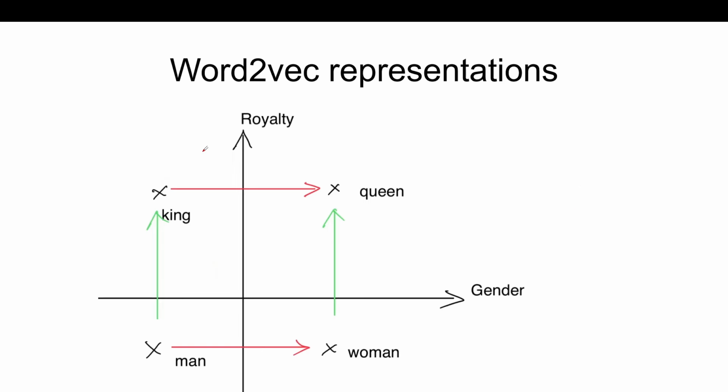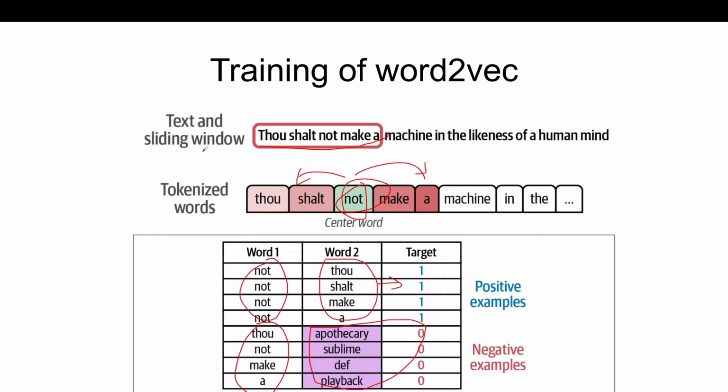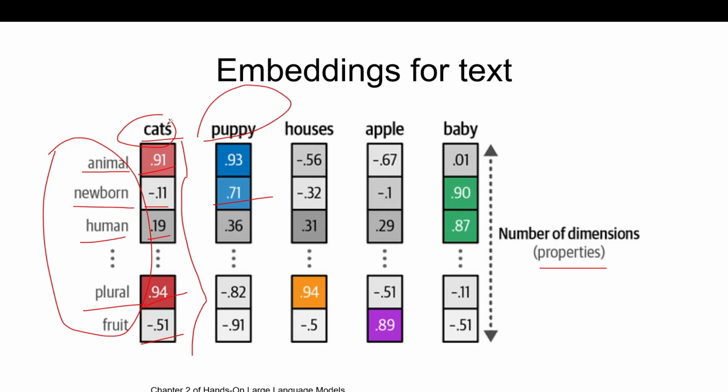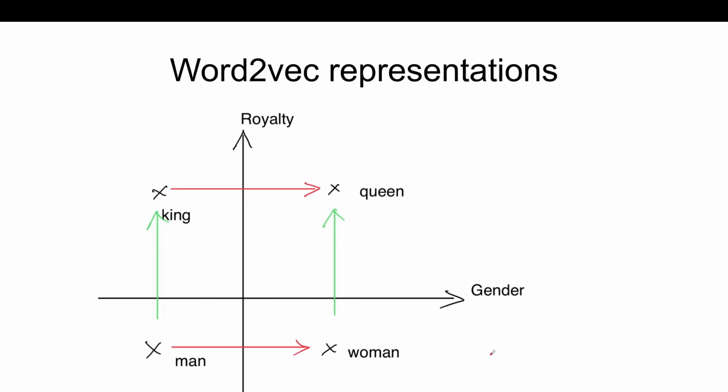So how do we actually understand these representations? Previously we showed examples of different embeddings for different words, and we said that each dimension represents specific semantic meanings. How do we utilize these semantic meanings? This is a very popular example of how we interpret and utilize the semantic meanings along different dimensions.